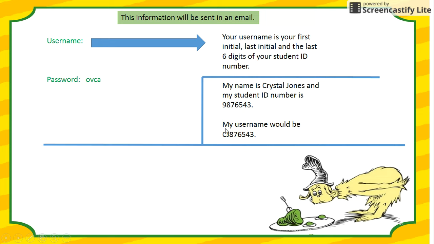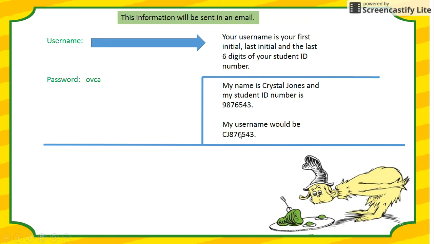So my username would be C, my first initial, J, my last initial, and then the last 6 numbers of my student ID. So I'm only going to use the 876543. I would not use the 9 at the beginning because this has 7 numbers, and I can only use the last 6.